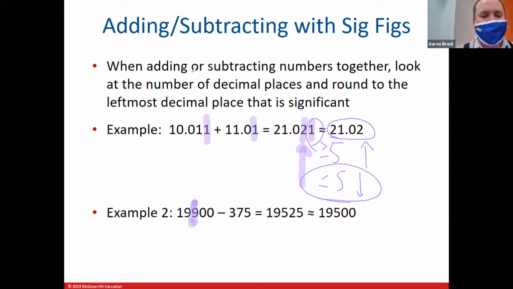That means that this 9 is the last uncertain digit. Similarly, the last uncertain digit in 375 is the 5. So when I do my calculation, I see I have an uncertain digit here in the 100s place. I have an uncertain digit in the ones place. I'm going to round in the leftmost spot because that's going to eliminate all of the other uncertain digits.